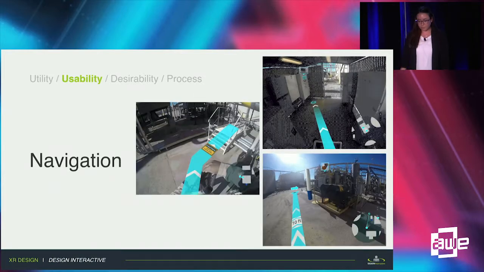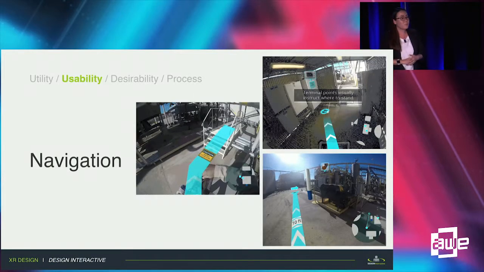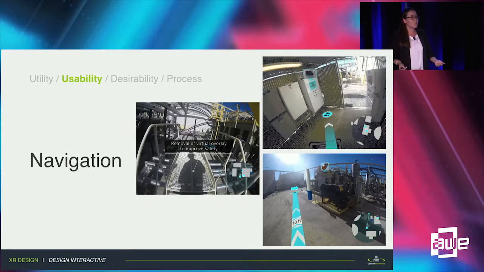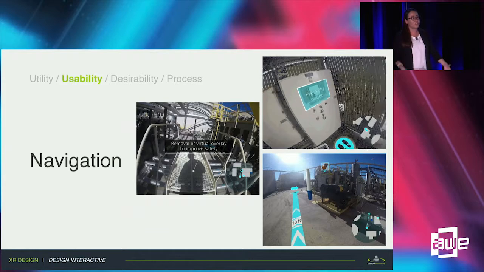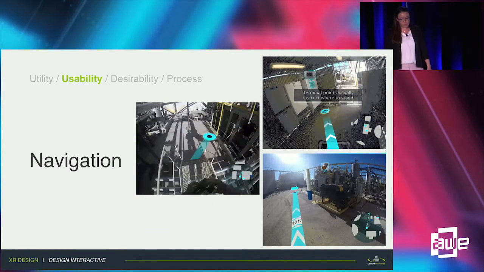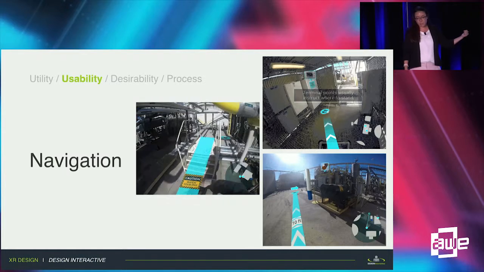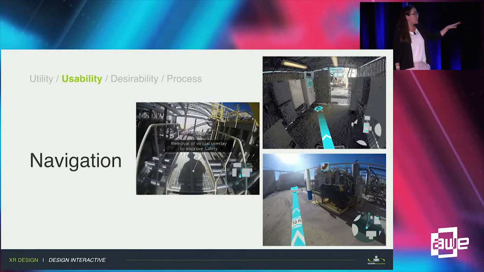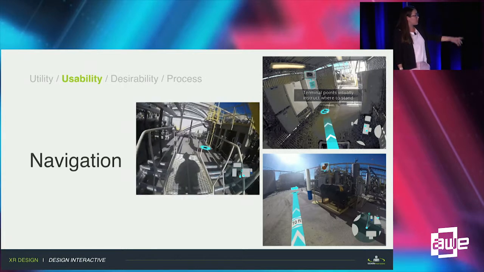The next principle for usability is navigation. We're putting these users in a whole new world or adding on to their world, so we have to provide them navigation to move around those spaces. So examples here are virtual landmarks that you could see at the bottom right. That's the pole that you see.